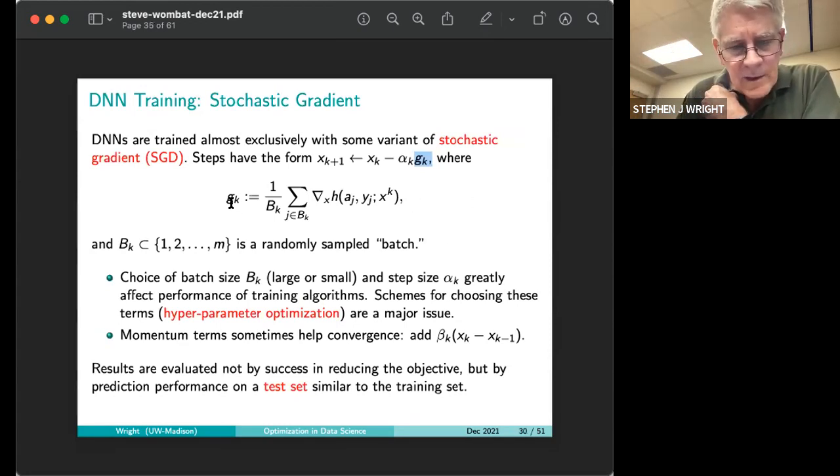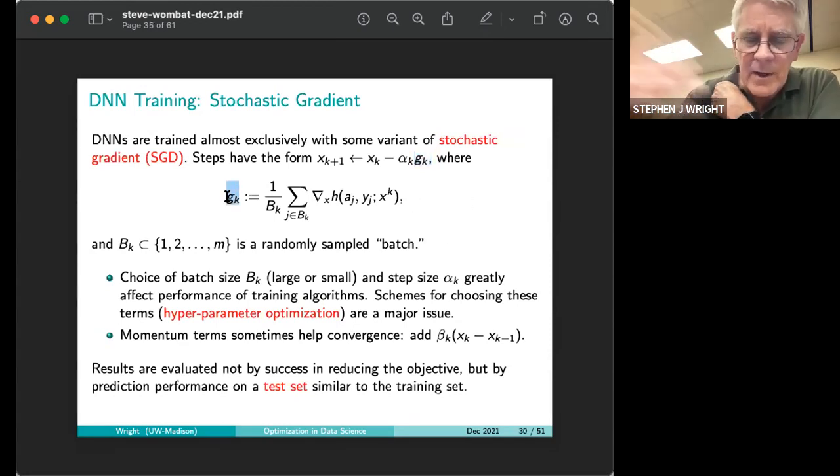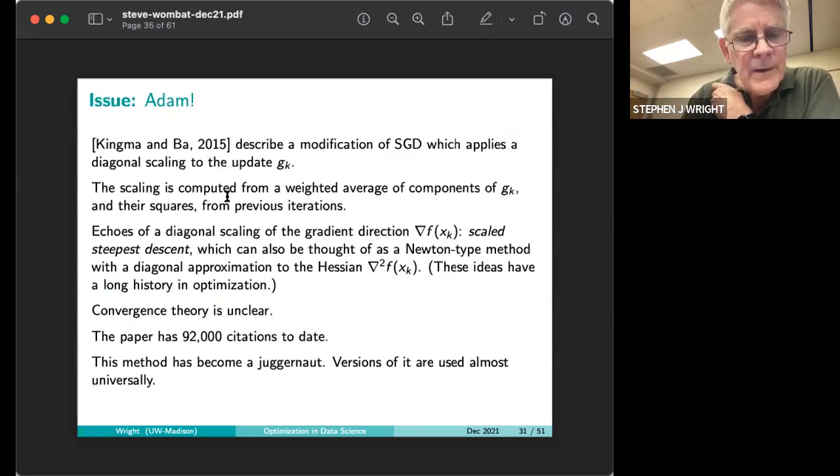So they basically look at the size of the GKs over a whole bunch of iterations. They take some sort of weighted average, and they use that to come up with how the different components of the weights are scaled. So it really is just a diagonal scaling of the GK, and it turns out to really improve the efficiency of a lot of the training methods.